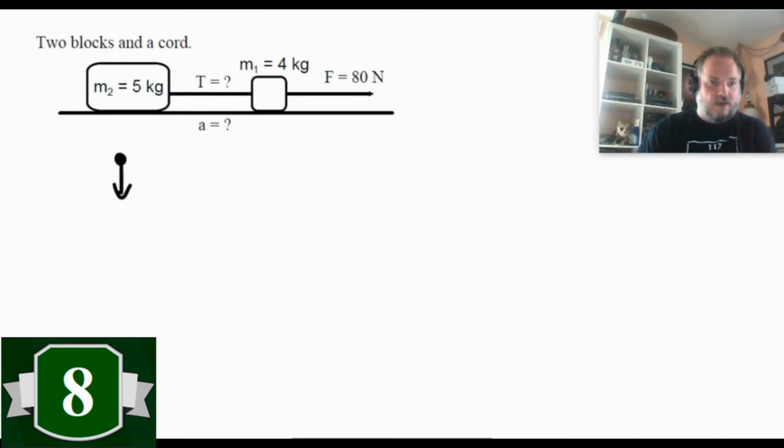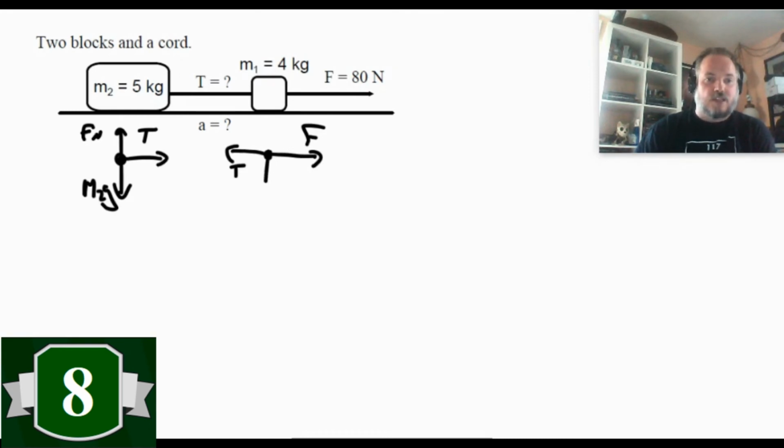We have force due to gravity is mg and a normal force up. And pulling it to the right, we have a tension. That's all we have. For this one here, we have 80 newtons pulling to the right. To the left, we have tension. It's got some weight here, M1G, and there is another normal force.